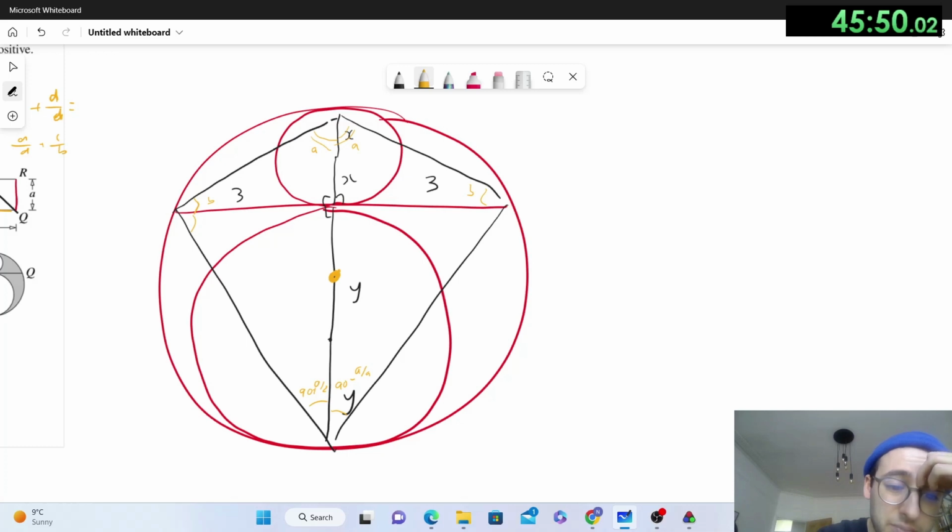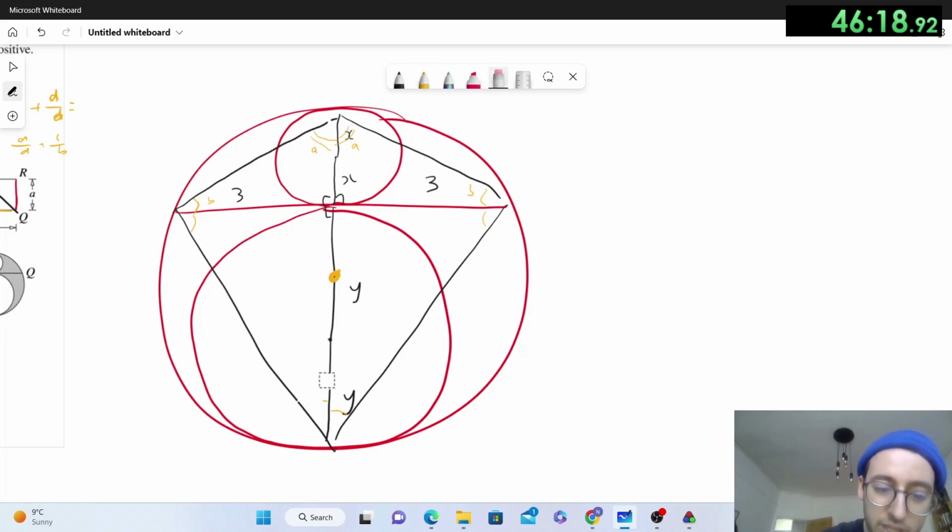So that's B over... Oh no, wait. It's definitely not, because this angle up here is 2A. So this is 90 minus A, and this is 90 minus A. And B is 90 minus A. So this is B. Okay, I was right.